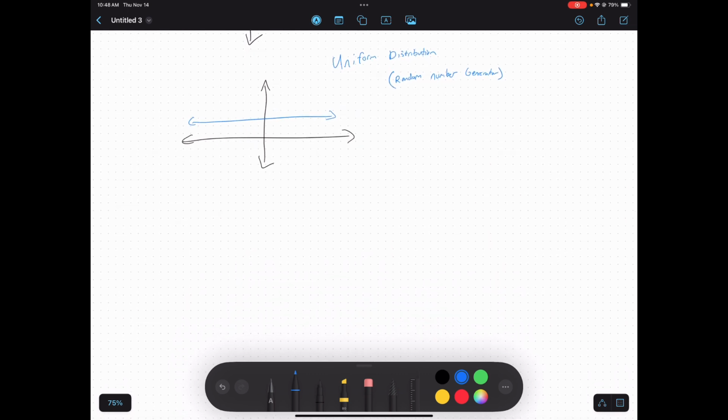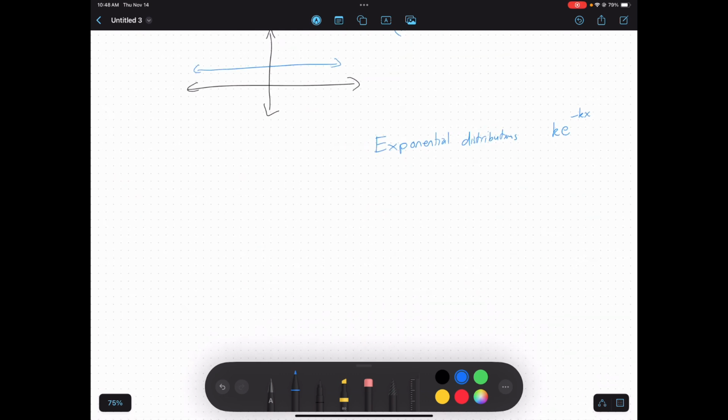Another type of distribution is one that I did an example of. These are called exponential distributions. Okay, where it's k e to the negative kx, where k is some fraction under 1.